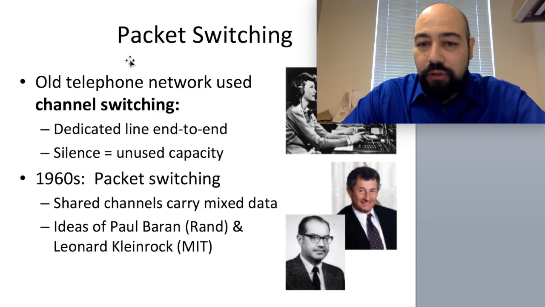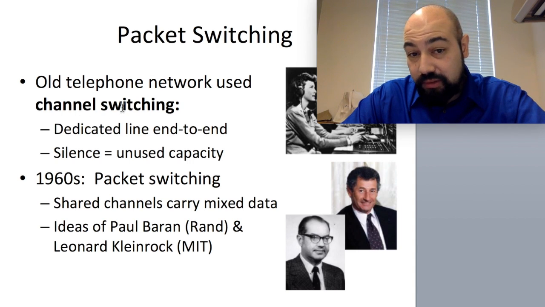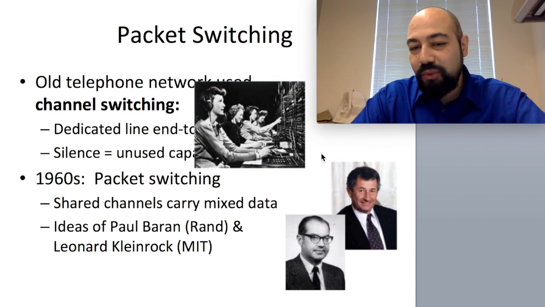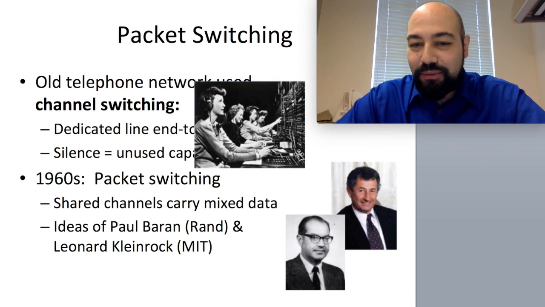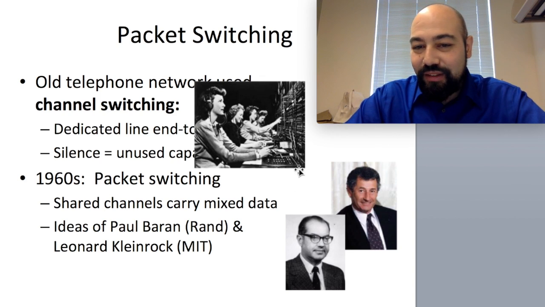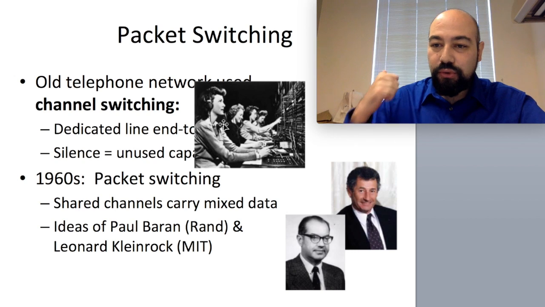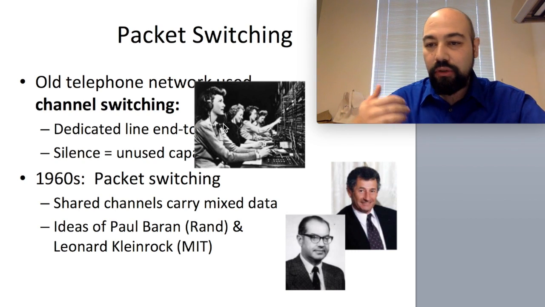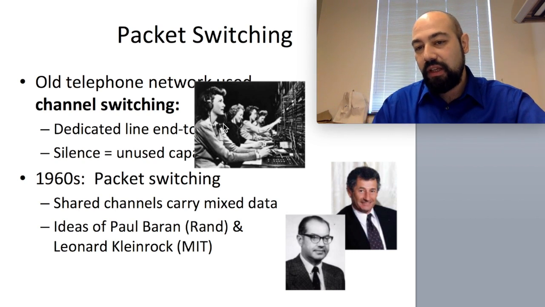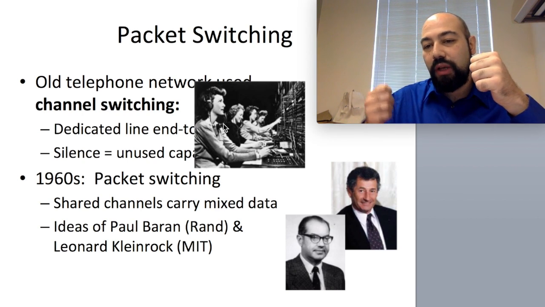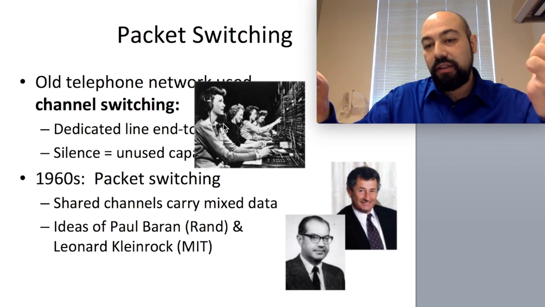Okay, before going to packet switching, maybe we can talk about channel switching. So this is the early communication method. Perhaps you have seen it in old movies, or maybe you are old enough to remember these days. There was an operator. Whenever you wanted to make a phone call, you first called the operator and then asked her to connect you to somebody else. And what the operator did was connecting a cable and plugging two ends between your plug and the destination plug.